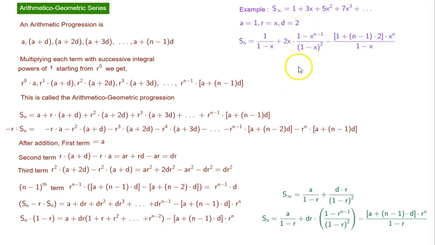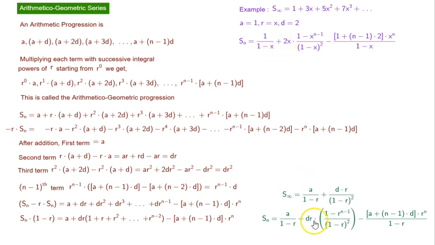So let's apply this formula for the sum of first n terms. We have a by 1 minus r. A is 1. So 1 by 1 minus r, r is x. So 1 by 1 minus x.